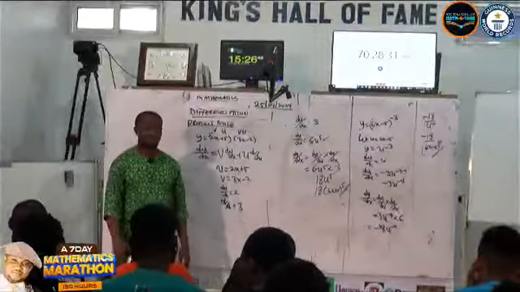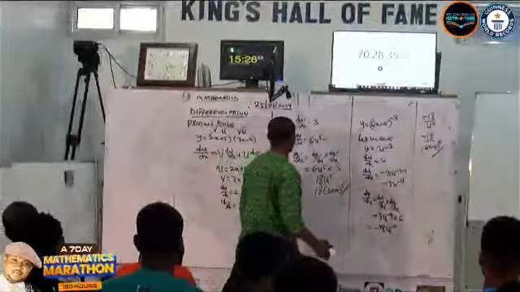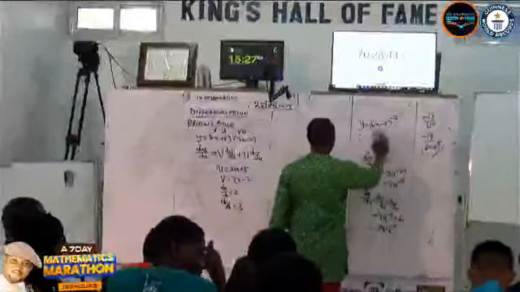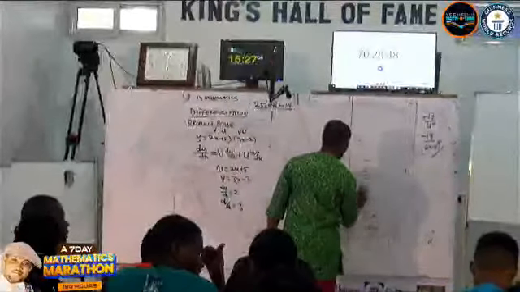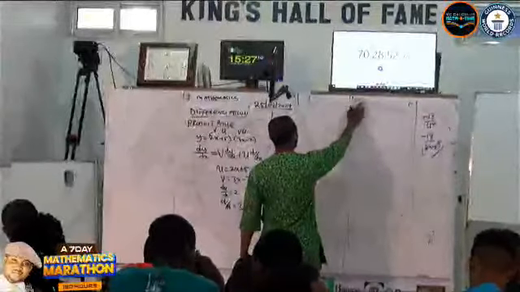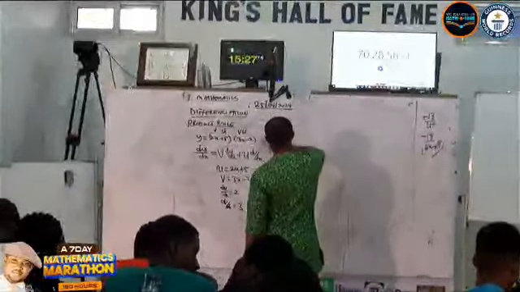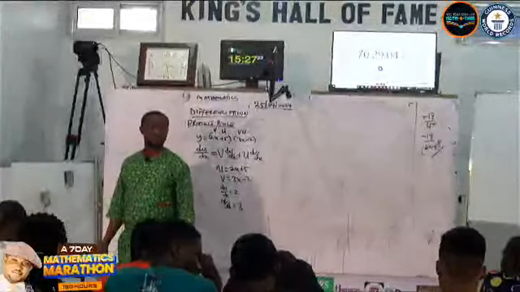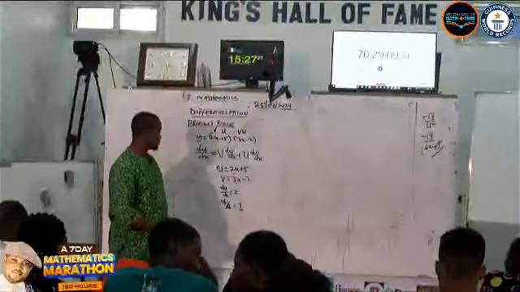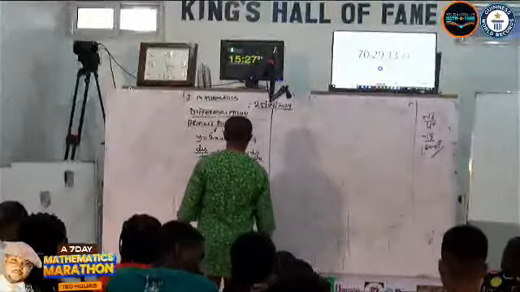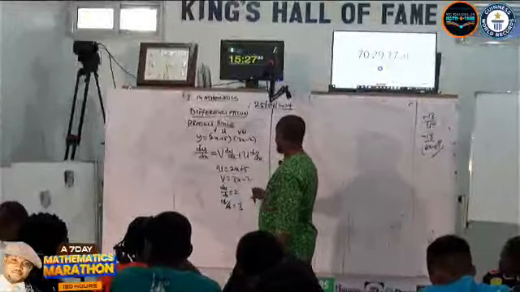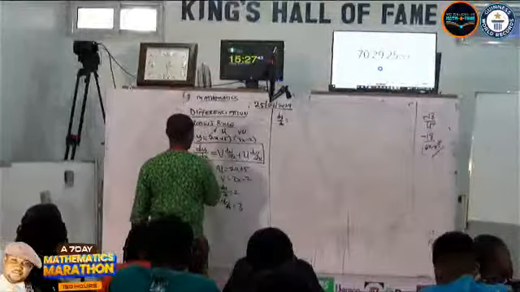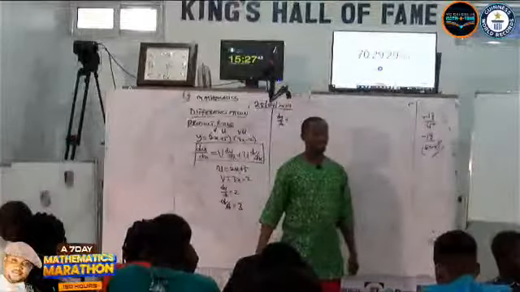So you have that dy over dx equals to v du over dx plus u dv over dx.